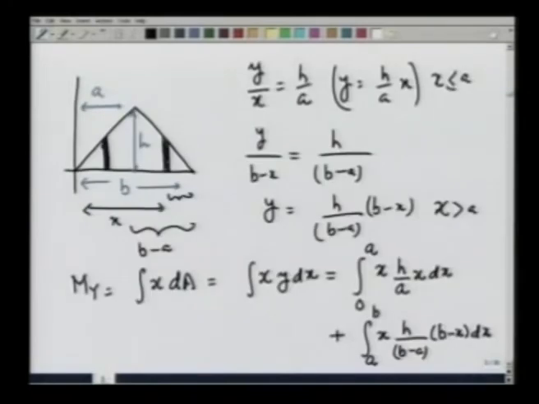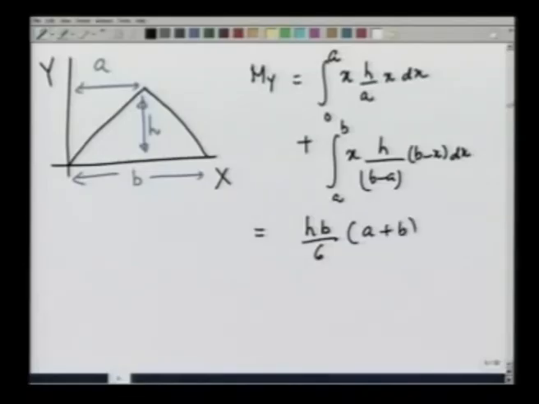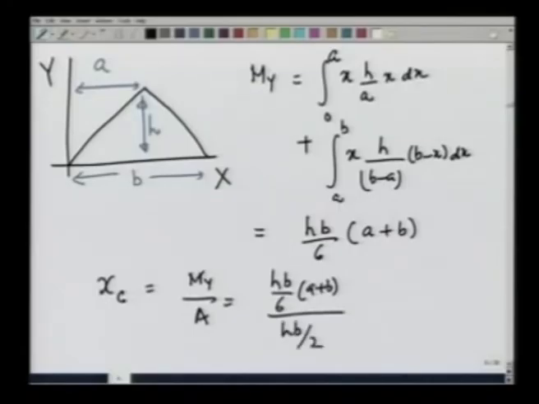Let me see, I indeed wrote h over a, yes, and plus a to b x h over b minus a times b minus x dx, and when you do this integration, it comes out to be h b divided by 6 times a plus b, and therefore x centroid is equal to m y divided by the area, which is h b over 6 a plus b divided by h b divided by 2, and this comes out to be 1/3 of a plus b.